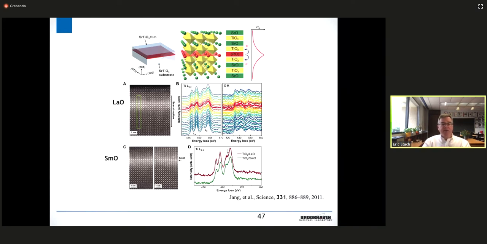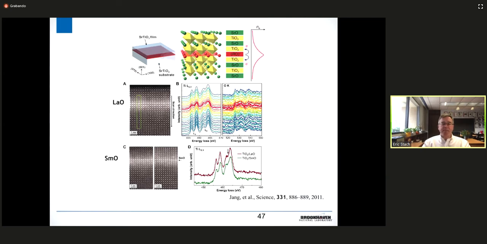It turns out that they, again, have a slight dip in the titania for the lanthanum and the samarium versus the background in titanium. So importantly, this is ELNES, electron energy loss near edge structure, but it's done at the atomic scale, which is again very powerful in appropriate samples.